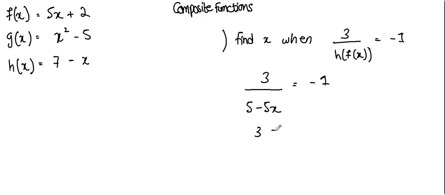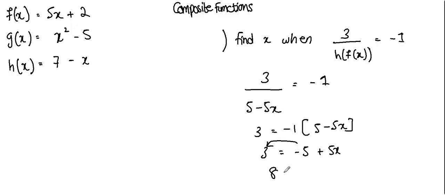If we take 5 minus 5x, basically the denominator, to the other side of the equation, we'll get 3 equals minus 5 plus 5x. Let's take 5 to this part of the equation. x terms at one side, non-x terms at the other. Right? x equals 8 by 5 or 1.6.